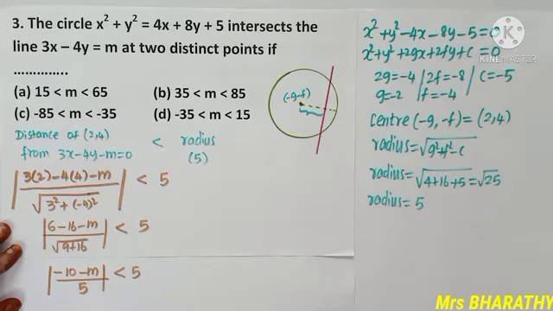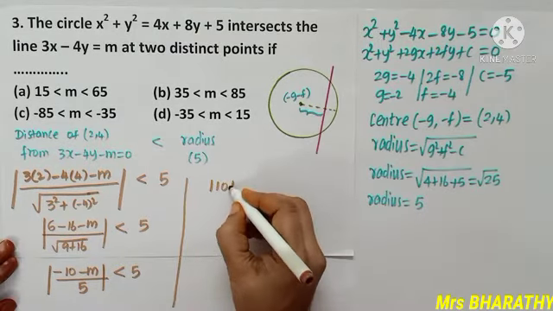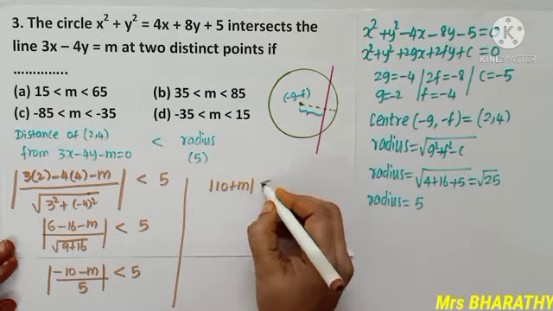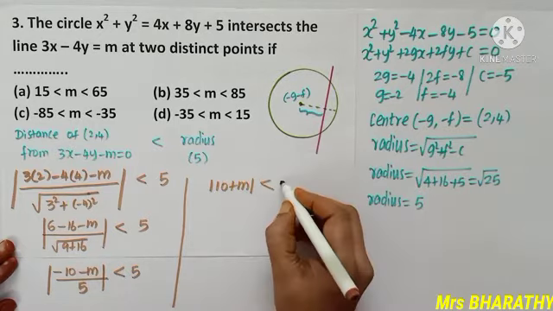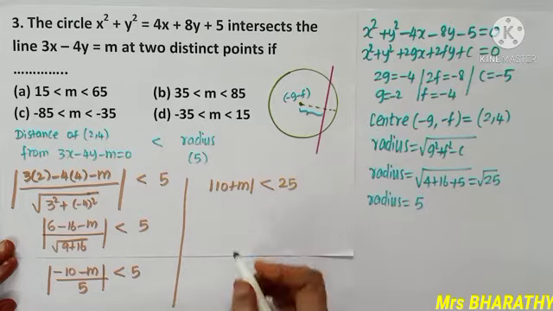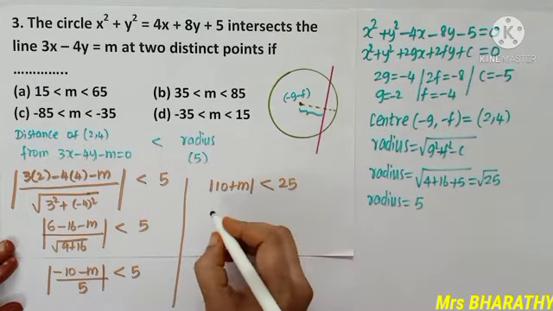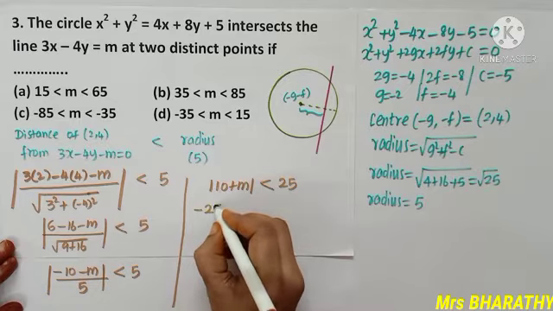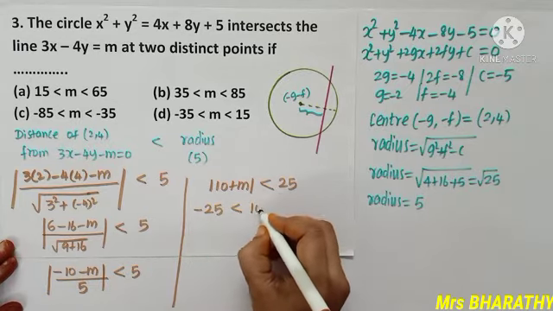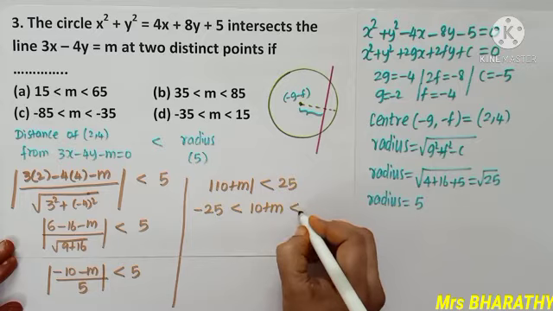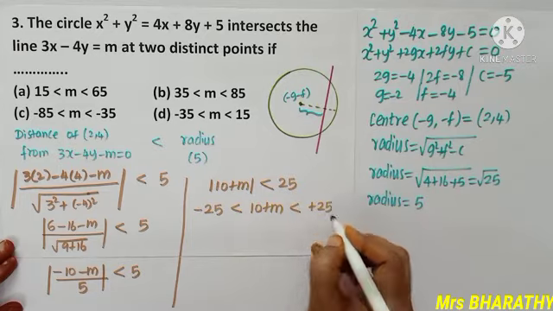We can rewrite it as modulus of 10 plus m is less than 5 fives are 25. Whenever I say modulus is below, we rewrite it as minus 25 less than 10 plus m, which is less than plus 25.